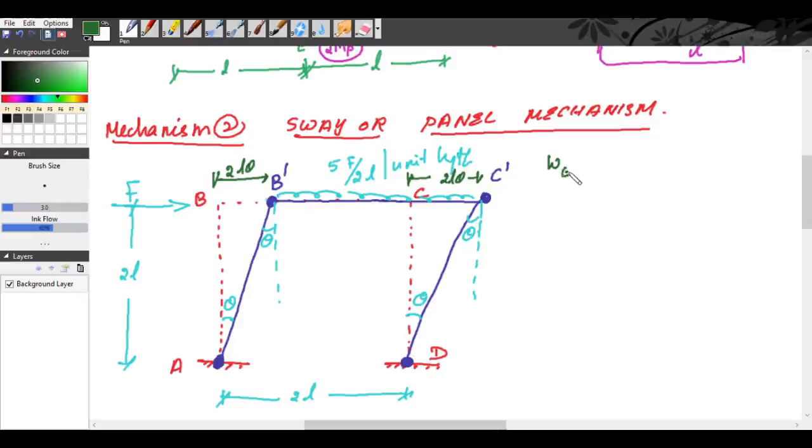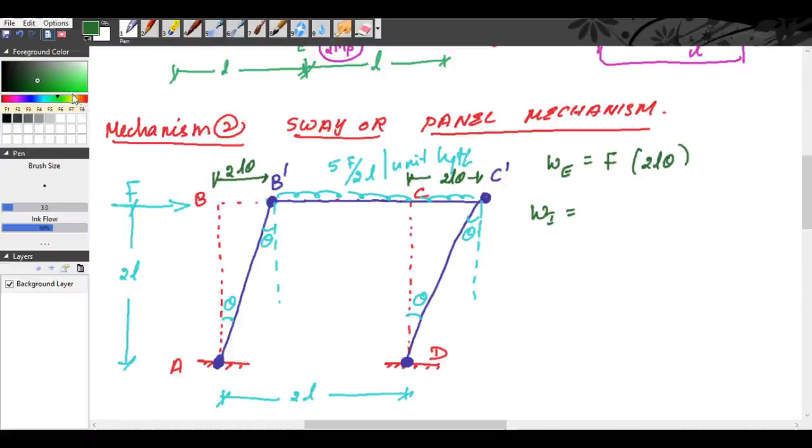Now, external work done is equal to this load at B, F, into distance under the load, 2L theta. Under this UDL, there is no area, right? So, that's all.